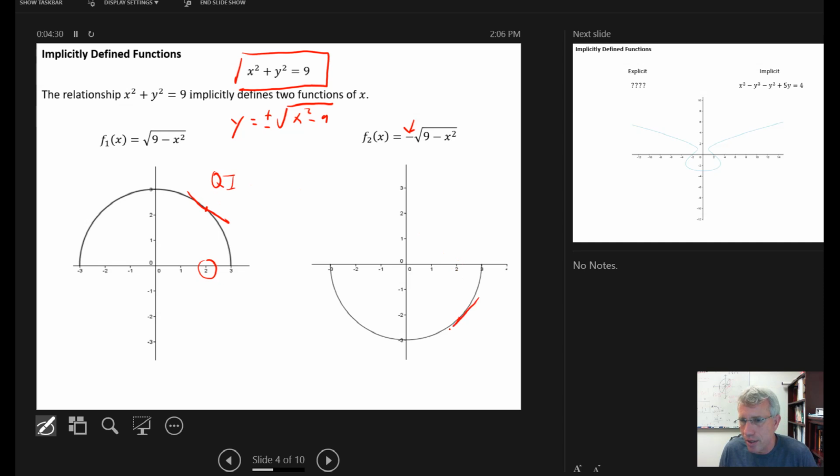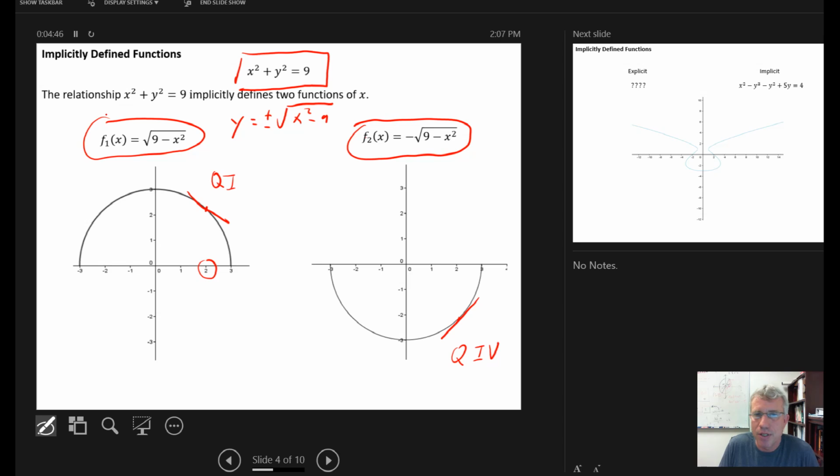Depending on the quadrant I was after, I would depend on the derivative I need to take. Either I take this derivative or I take this derivative. So a big question is: do I need to be able to solve for y in order to find the derivative, if I want to know the slope of a line on a graph at a particular point?